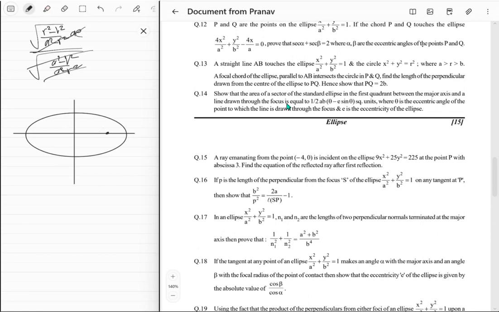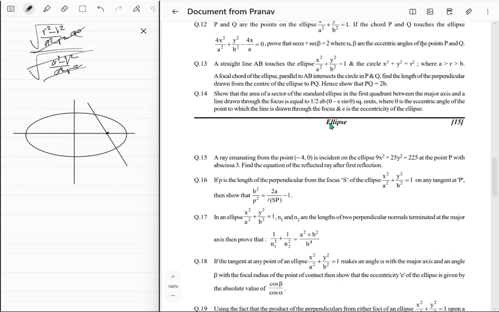Line drawn through the focus? What is this thing? So this is the point to which the line is drawn through the focus. Reading this gives me, what is this? Between the major axis and a line drawn to the focus. First of all, you have to draw a line to the focus.